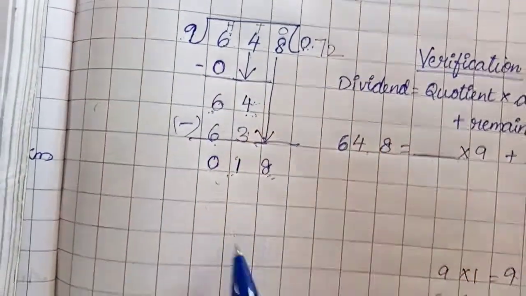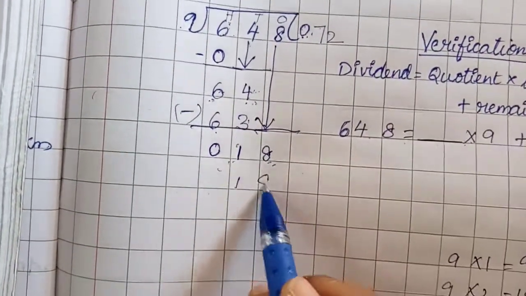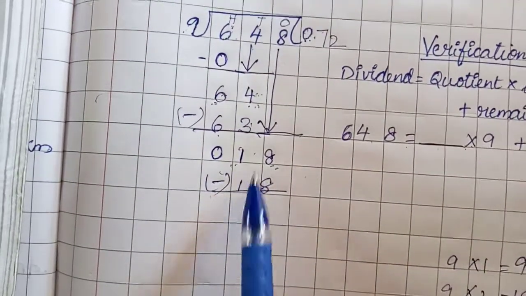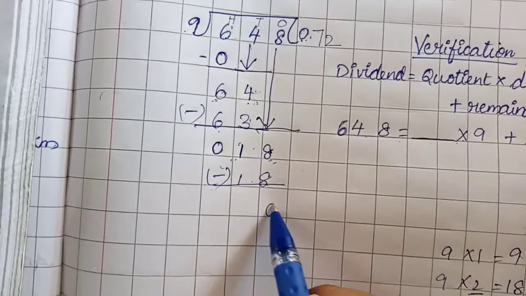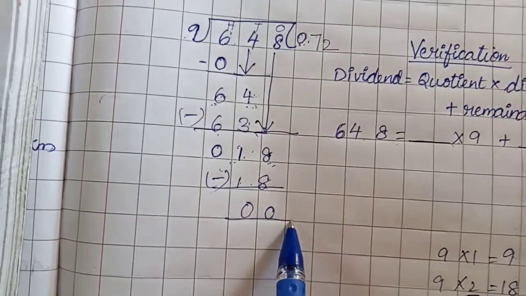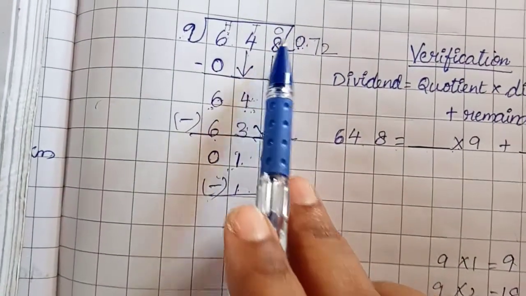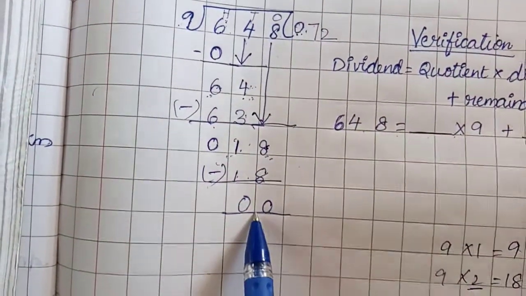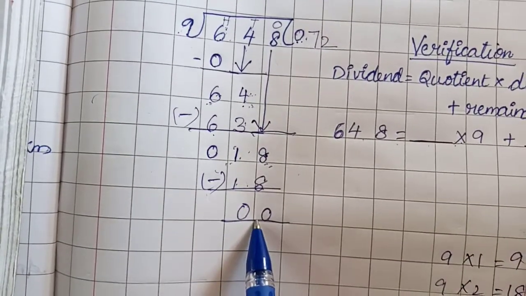So this 2 we will write as quotient and 18 we will write in the answer. So 8 minus 8 is 0. 1 minus 1 is also 0. So see, our places are over. We have no more places here, and we have our remainder 0.